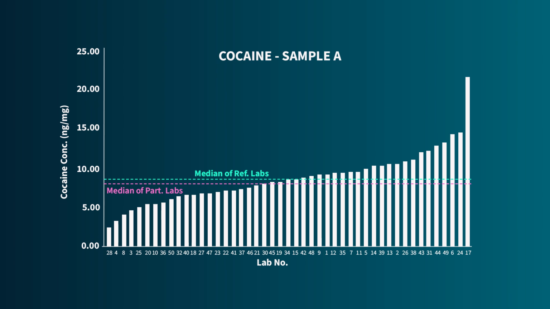And cutoff levels are one of the most dangerous, in my view, ways of interpreting drugs found in hair, and one of the biggest areas where the industry has to change, because there are so many different things that affect the way that drugs are incorporated into the hair that have nothing to do with use.